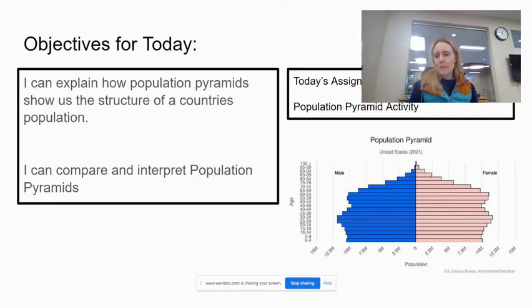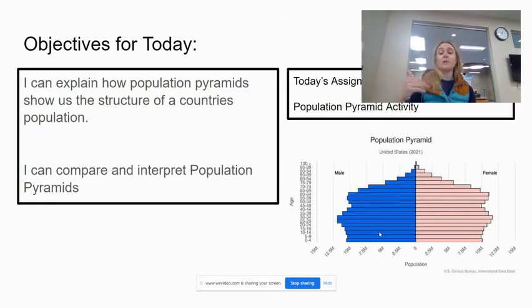So when we talk about a population pyramid, you are looking at one right over here. This is a population pyramid of the United States in 2021, so just last year. You'll notice that a population pyramid basically looks like a bunch of bars stacked on top of each other.